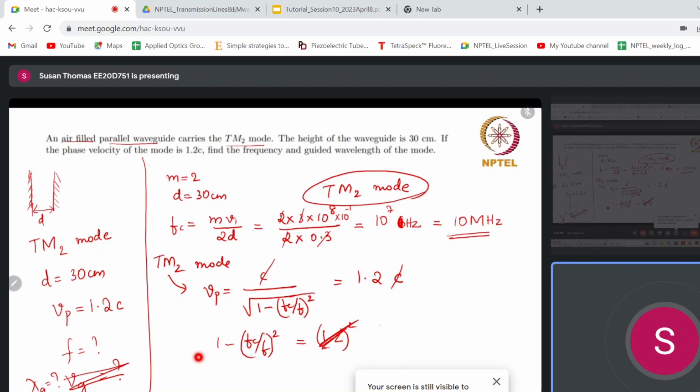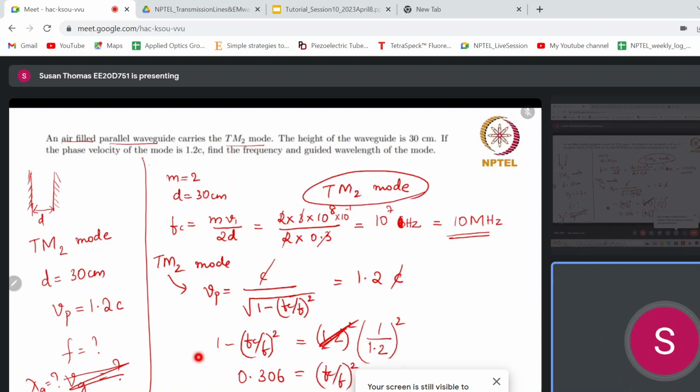So this is 1 by 1.2 square. One minus 0.694 is 0.306, which is (Fc by F) the whole square.